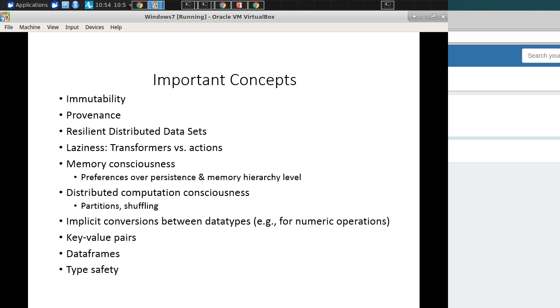So Spark: memory consciousness, very conscious about the memory hierarchy, and distributed computations, partitions, and shuffling. Implicit conversions between data types. This provides us a way of having rigorous type-checked computations, but at the same time getting a tremendous amount of convenience.